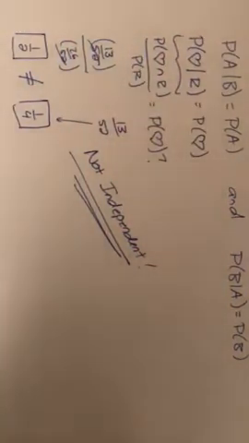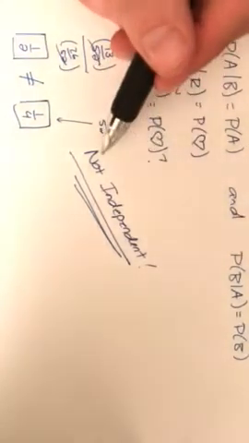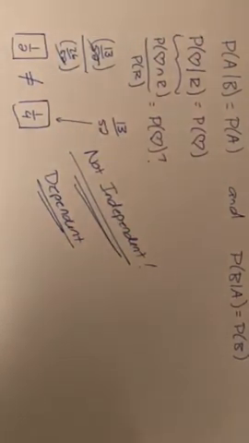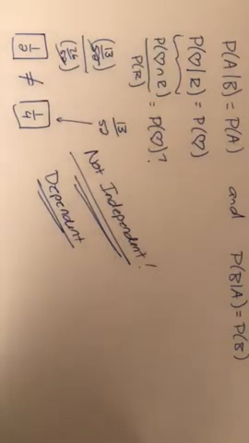I don't even have to do the other check. If one of them doesn't work, we're guaranteed that they're not independent. So you can say that they're not independent, or you can say that they are dependent. Okay, it doesn't matter which verbiage you use.